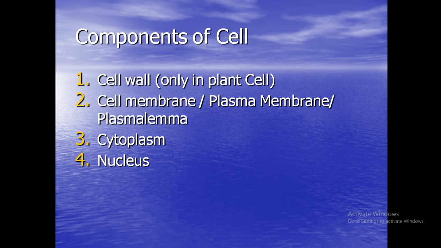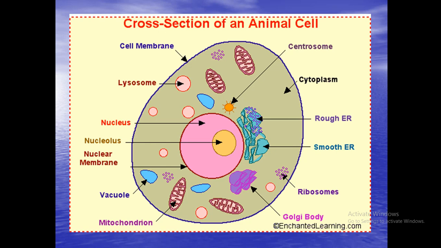All of you know the difference between the plant cell and animal cell, but just to refresh your memory, plant cells have cell wall, animal cells do not have. Plant cells have mainly chloroplast, animal cells generally do not have. In plant cells you can see more vacuoles, in animal cell it is very less. So these are some of the very important differences between plants and animals.